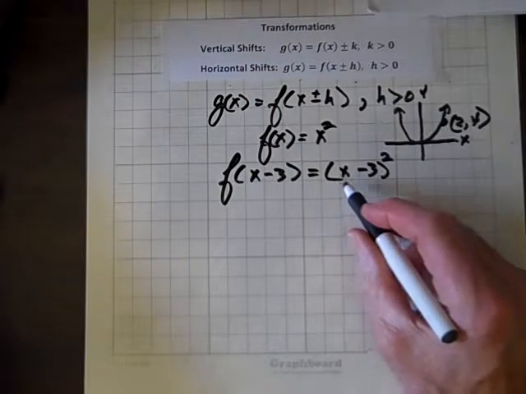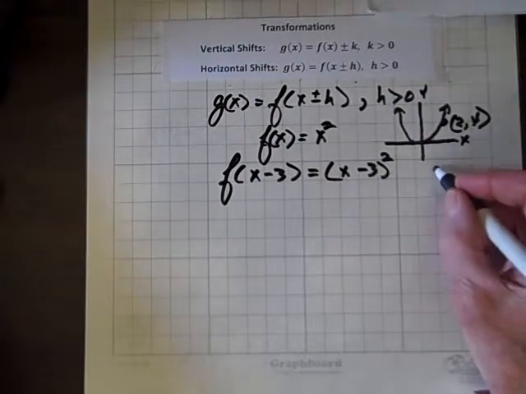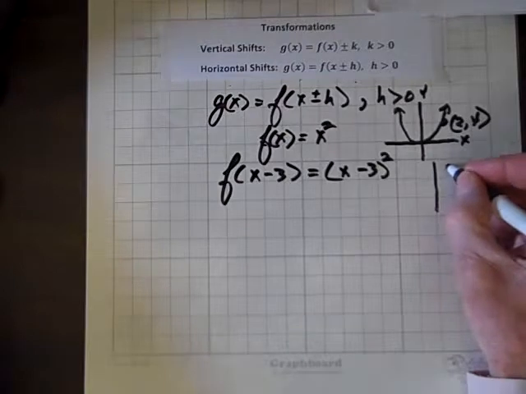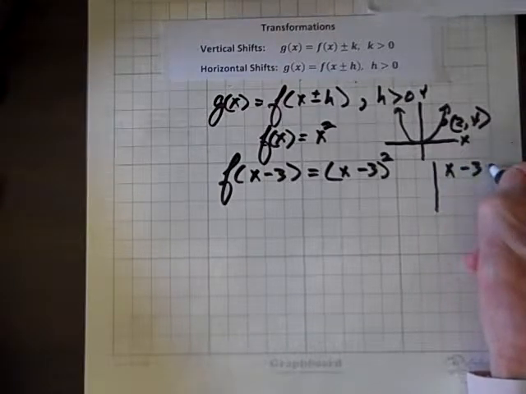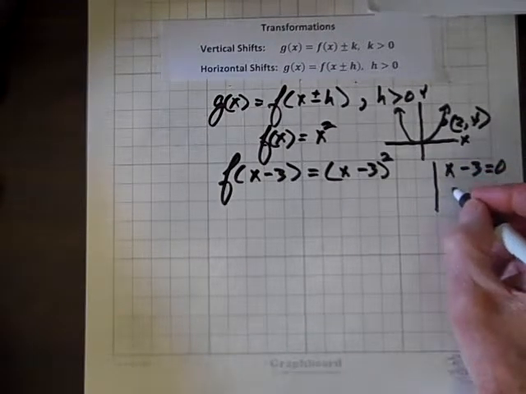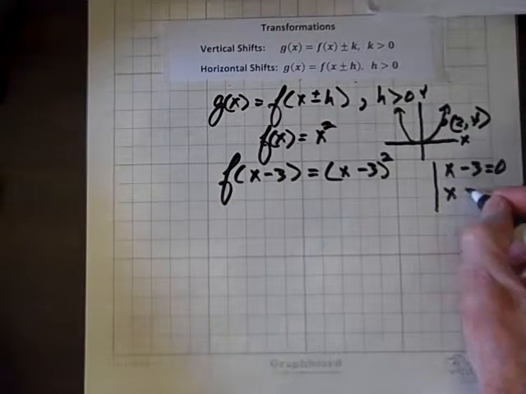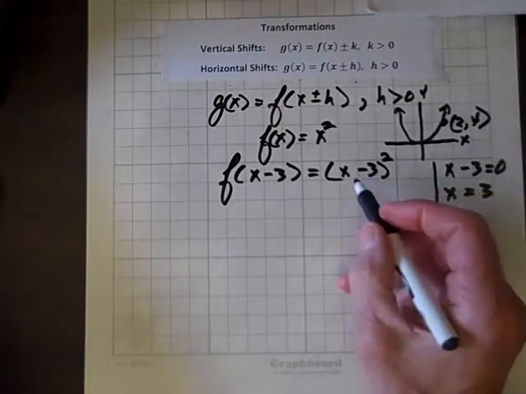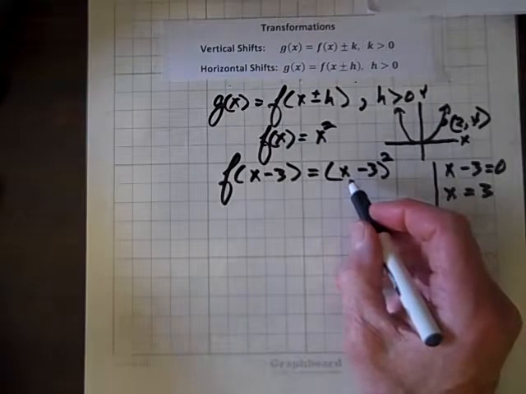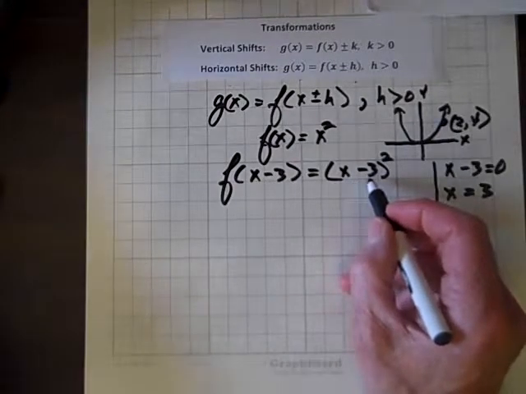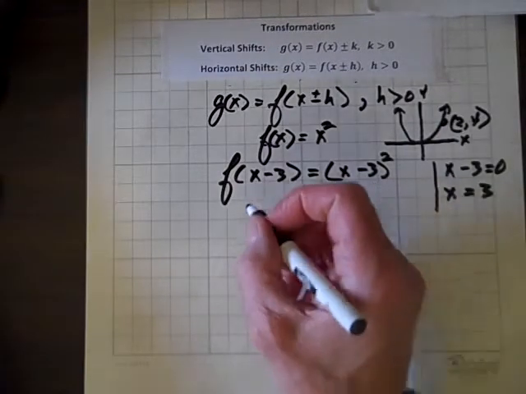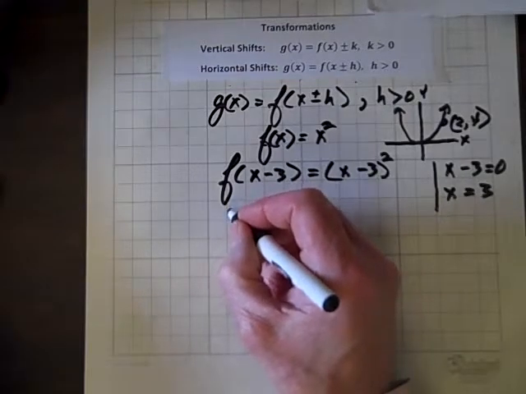Also, what value of x will take that expression to 0? Well, we'll do a little aside and set x minus 3 equal to 0. So adding 3 to both sides, x equals 3. So we know that if we replace x with 3, we'll get a 0 here. So now let's build g of x.